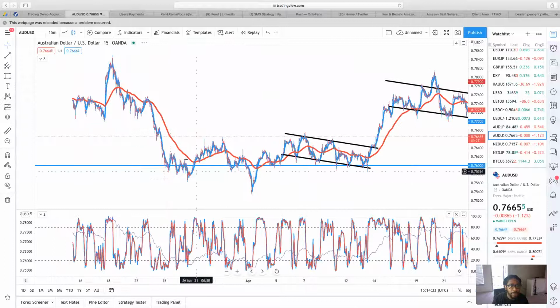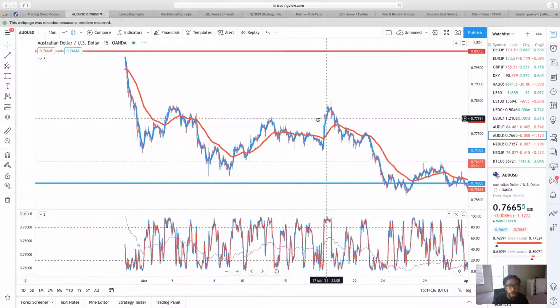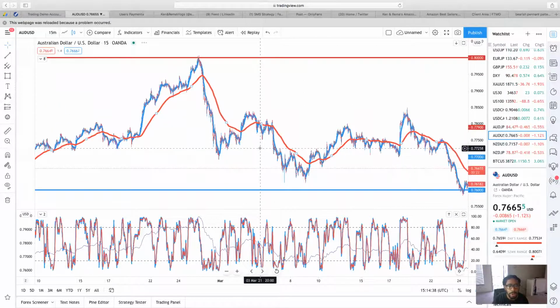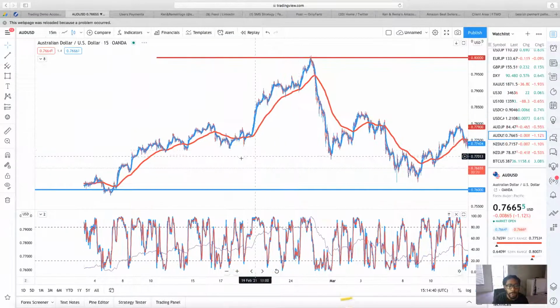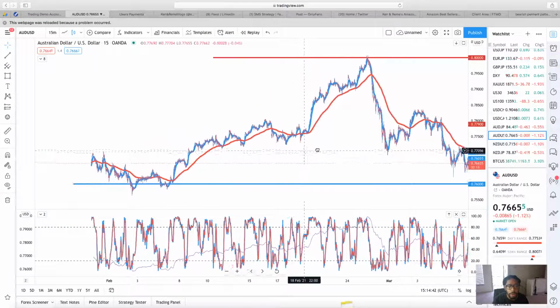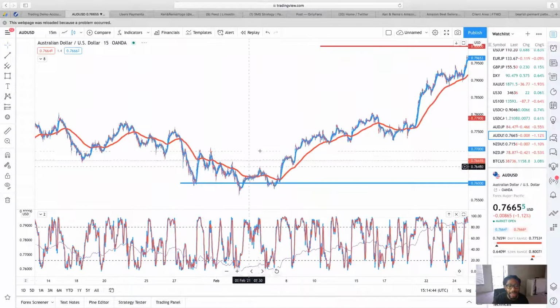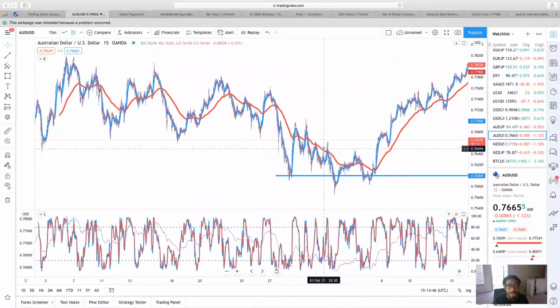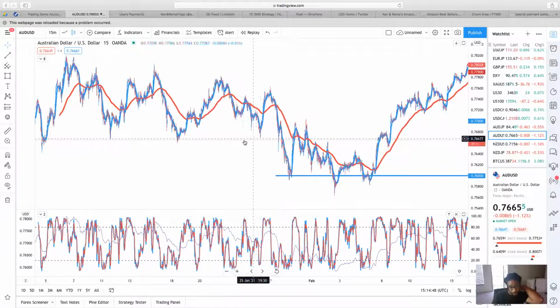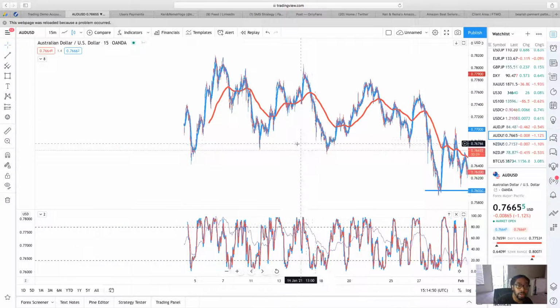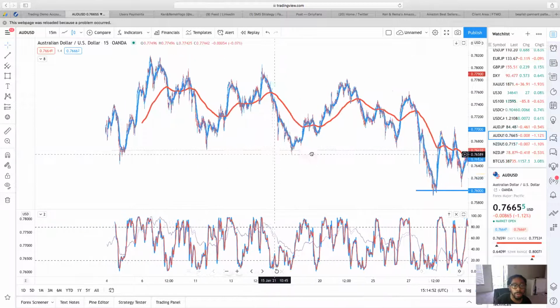Let me find the uptrend. Let me find the uptrend descending or pennant, right? You want to find an uptrend. There's a lot of flags in this, guys. A lot of flags. Let me see.